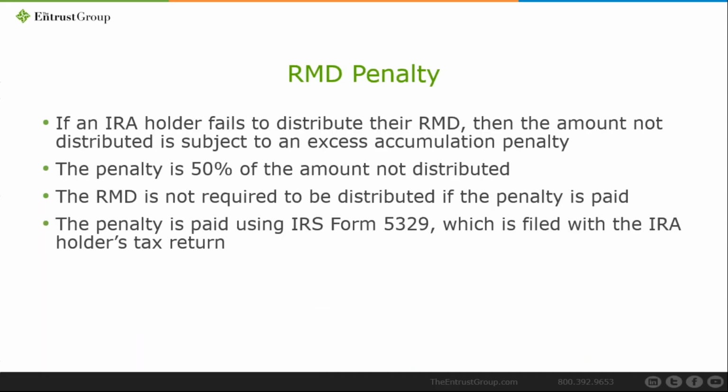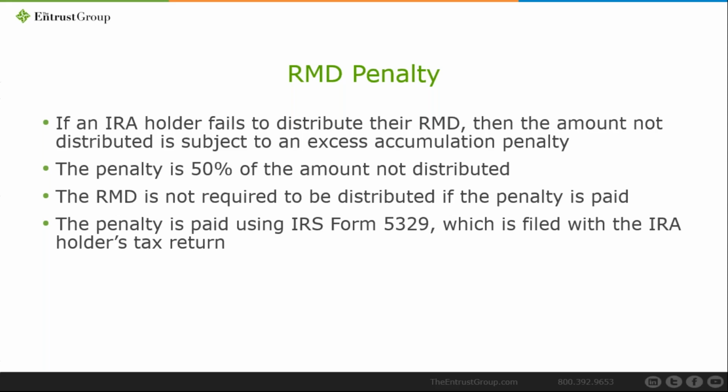Failure to take out an RMD has a penalty, and that penalty is 50%. That is what we call the excess accumulation penalty. That's the fancy term for the 50% penalty. And if you really want to take it a step further, being nerdy about it, it's section 4974 of the Internal Revenue Code. If an RMD is not distributed, the taxpayer may be subject to what we call a 50% penalty on the amount failed to be distributed.